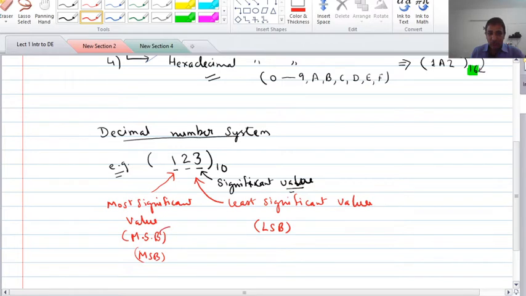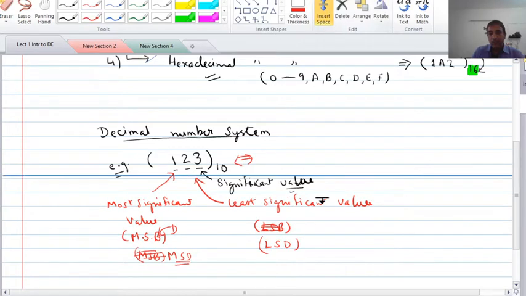Here we have to use digit instead, so we write MSD, most significant digit, and LSD, least significant digit.